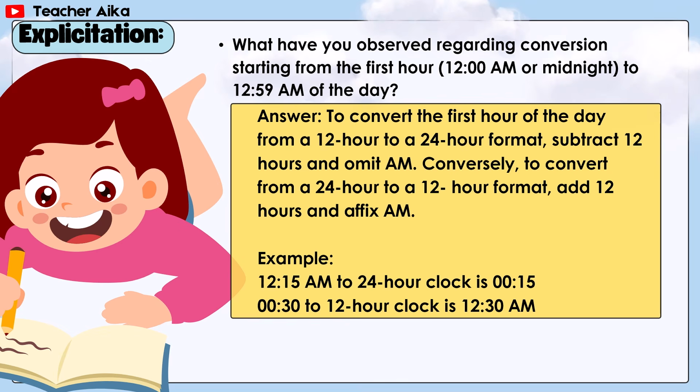Conversely, to convert from a 24-hour to 12-hour format, add 12 hours and affix AM. Example: 12:15 a.m. to 24-hour clock is 00:15. 00:30 to 12-hour clock is 12:30 a.m.